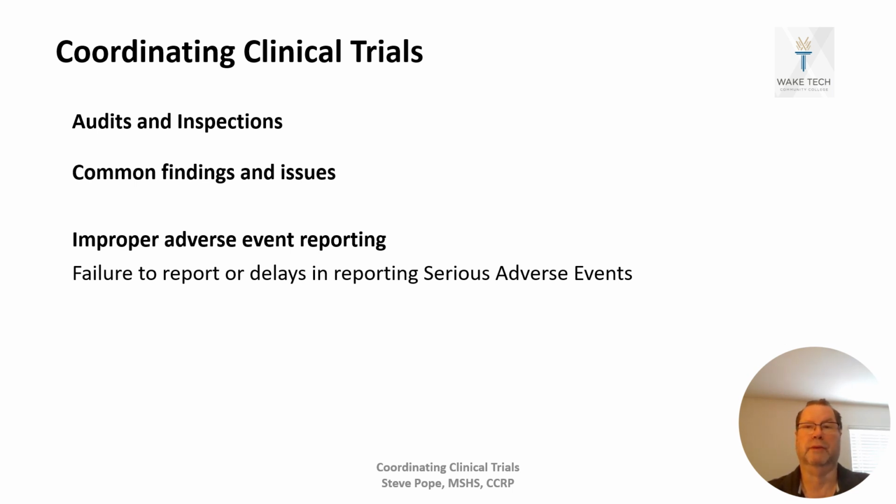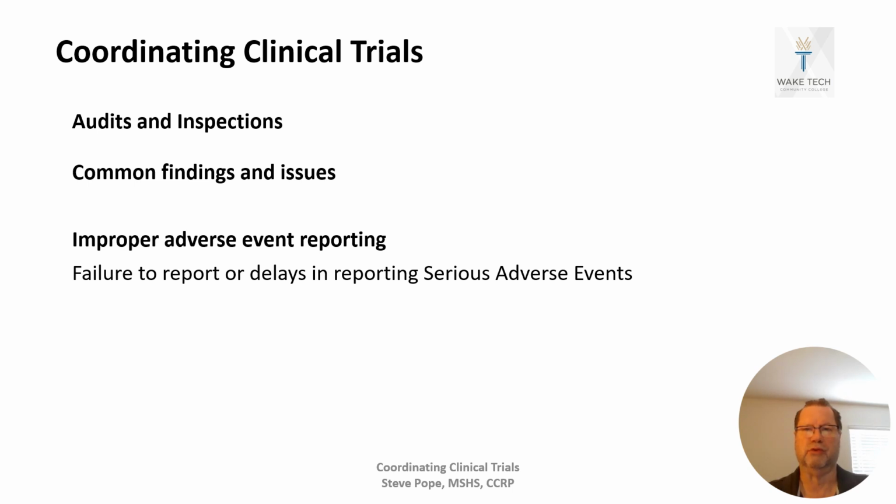Improper adverse event reporting. Failure to report or delays in reporting serious adverse events, either to the sponsor or to the IRB. The other thing you want to do is, anytime you've got a serious adverse event, collect medical records for that event, because it's very likely the subject was treated in another facility.